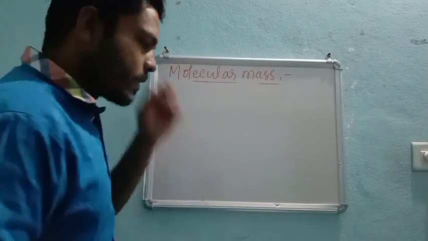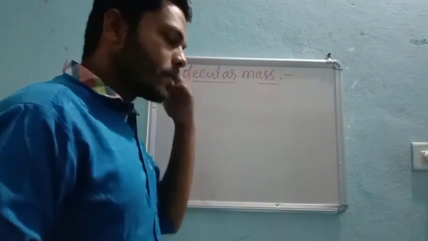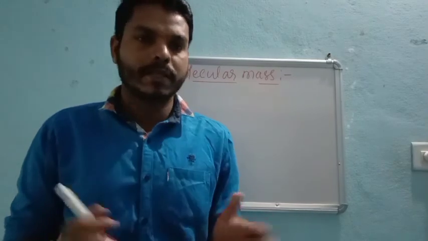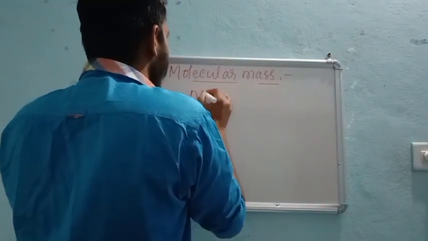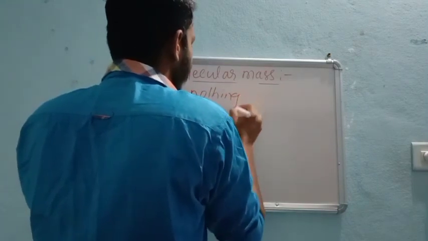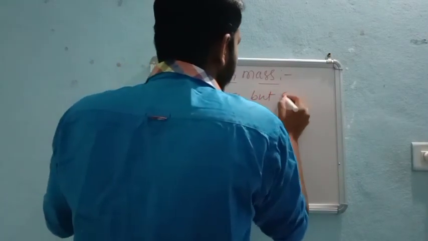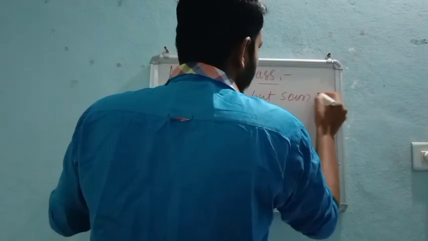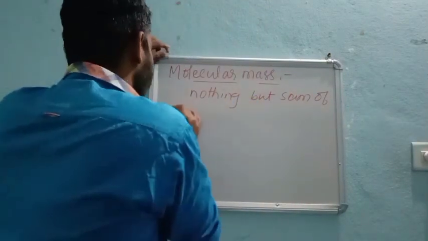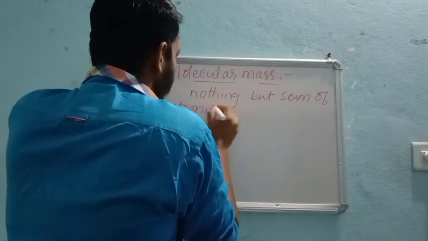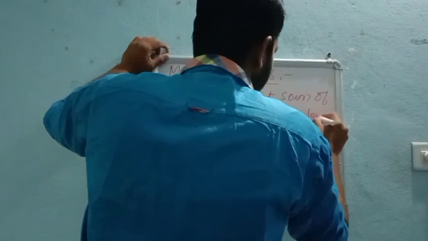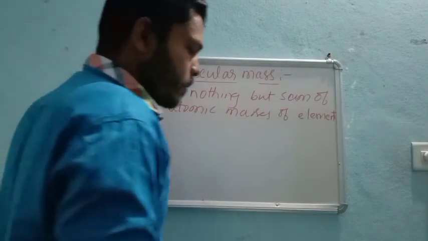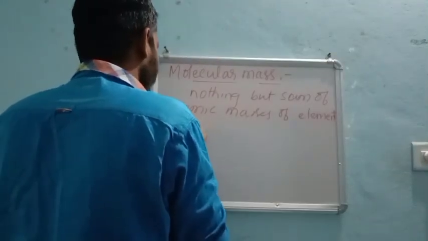So molecular mass is the sum of atomic masses of the elements, right? Molecular mass is nothing but the sum of atomic masses of the elements present in a molecule, right?